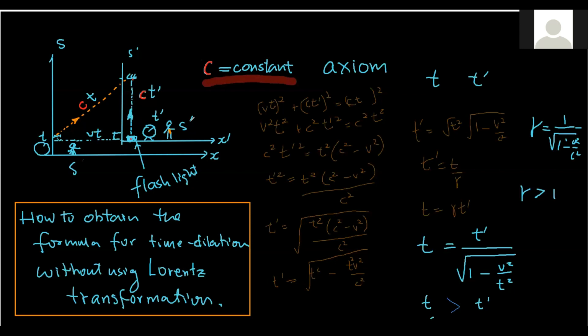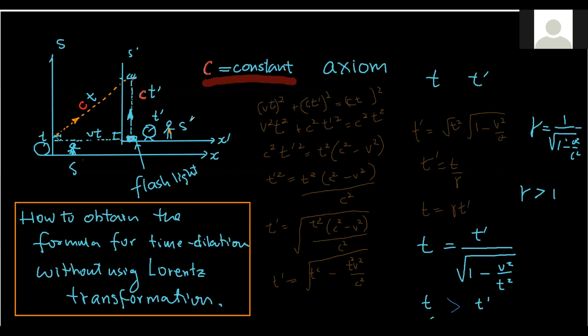And the distance between the two reference frames is given by vt. According to the observer in the S frame, the distance is given by vt, or otherwise it would be minus vt.